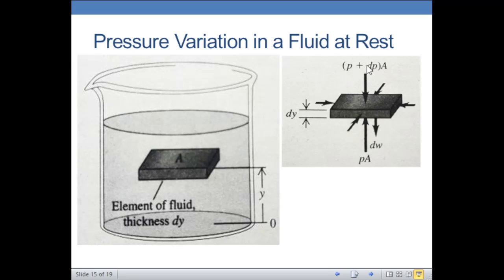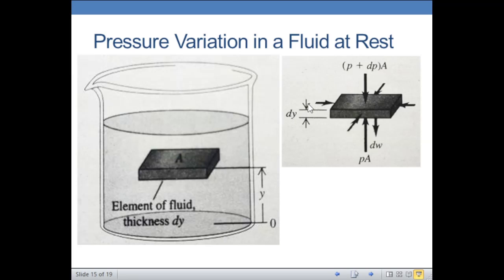So we have the downward force, which is denoted by this one, and also the upward force in response to the downward force, this one, the PA. We also have the force due to gravity, denoted by dW.